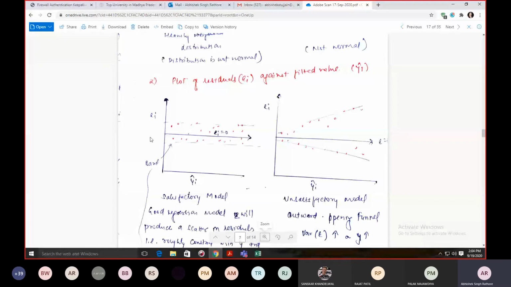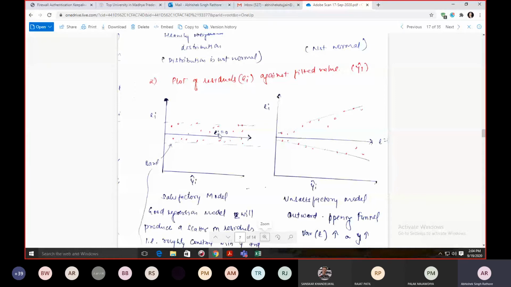It will produce scatter in the residuals that is roughly constant with estimated y, and the distribution of your residual is considered constant and centered towards e_i equals 0.